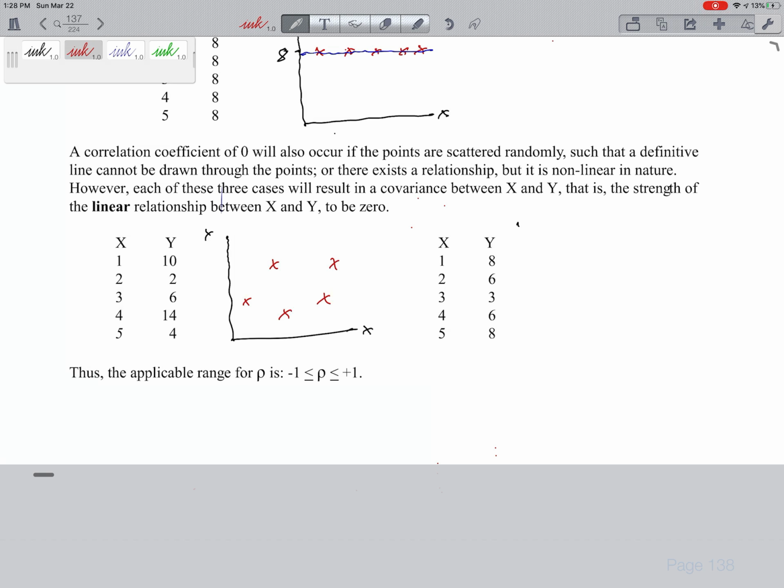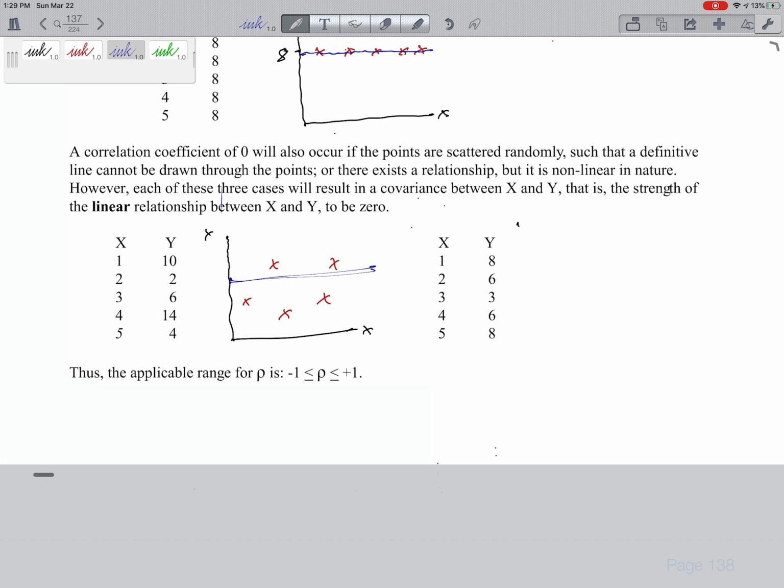So if I tried to draw a line through this mess, would it be positive? Would it be negative? Don't know. And so when you stick in the formulas and so on, you end up with a line that goes like that. So it has a slope equal to 0, and so we would say that that's a rho equal to 0.